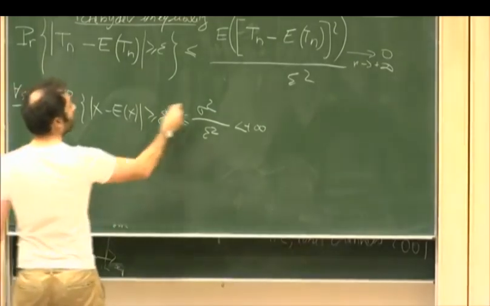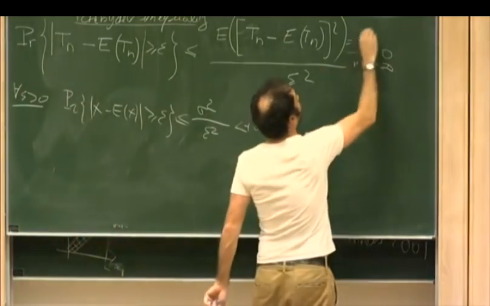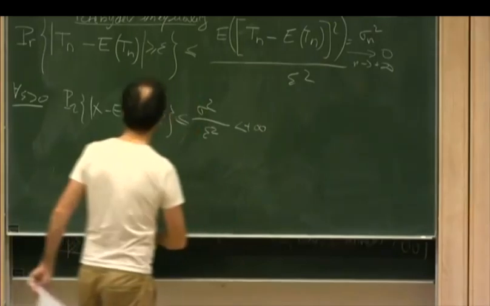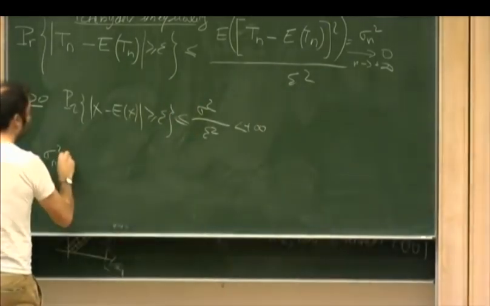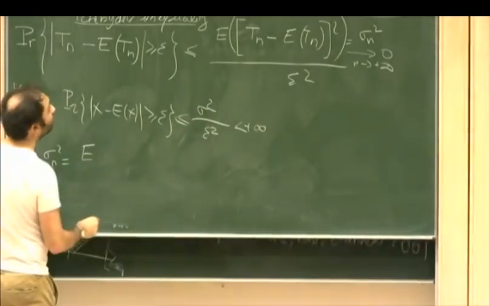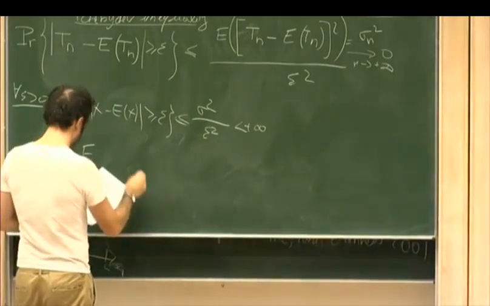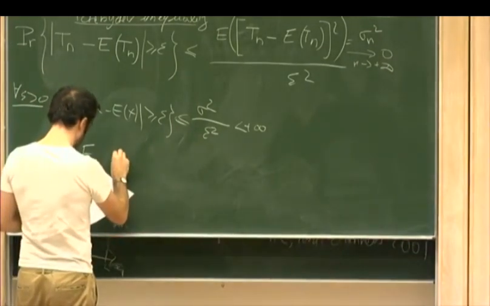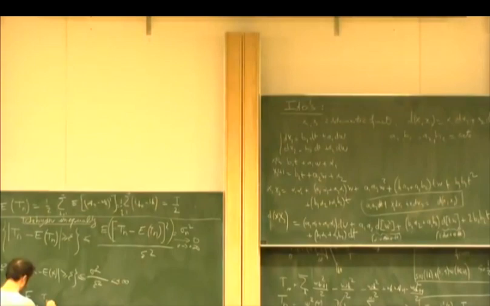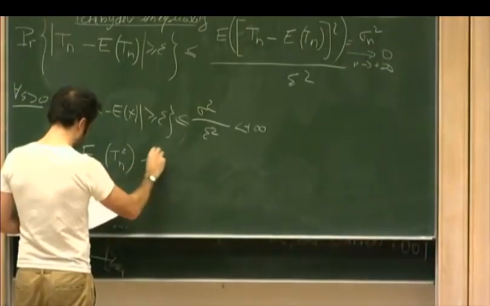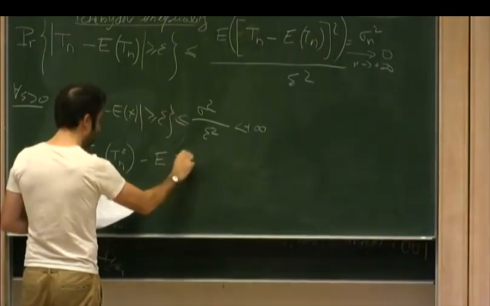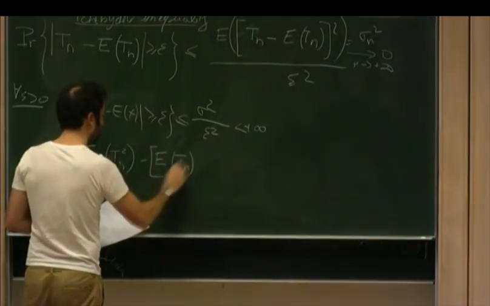Let's call this sigma n squared. Sigma n squared is the expectation of Tn minus its mean, squared. So this can also be written as expectation of Tn squared minus expectation of Tn, everything squared, right?